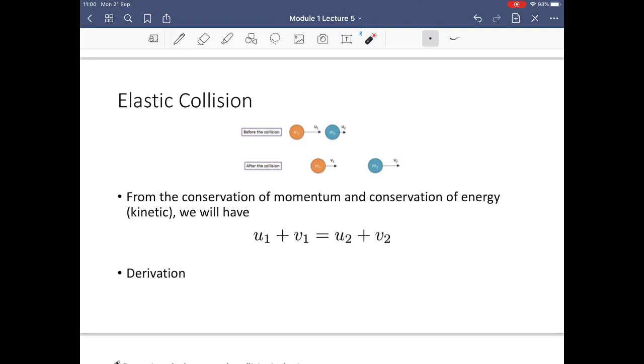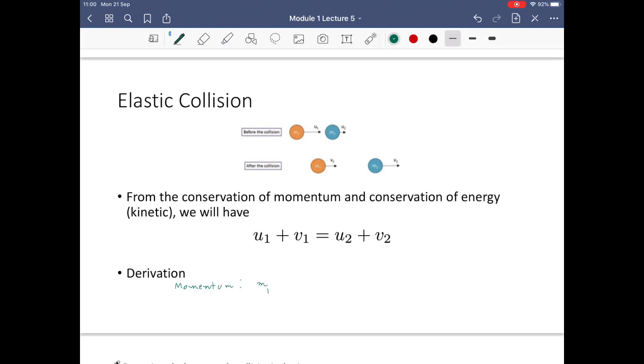You can prove from conservation of energy and conservation of momentum that u1 plus v1 must be equal to u2 plus v2. In this case, the energy involved in this kind of system is only kinetic energy. It is very easy to prove this. First of all, we write down the conservation of momentum.